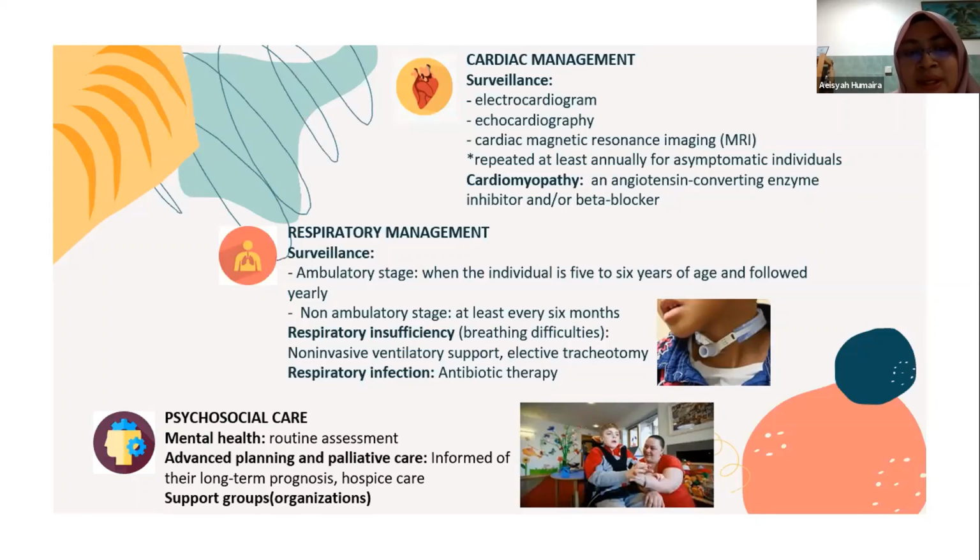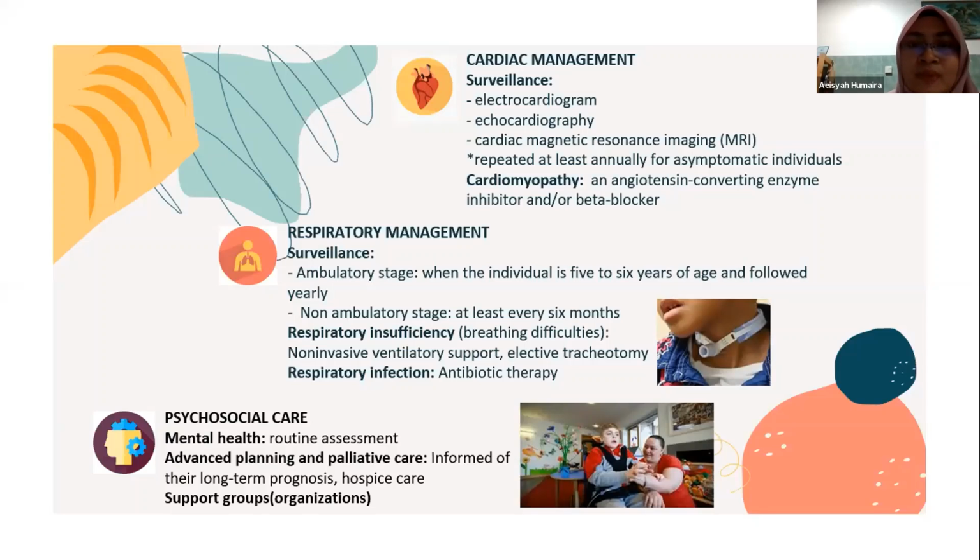As the disease progresses, the patient might need hospice care, and they also need support groups or organizations for muscular dystrophy, so they can be more educated about the complications and therapy.